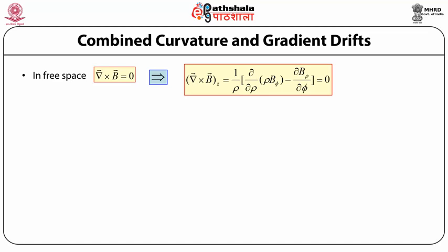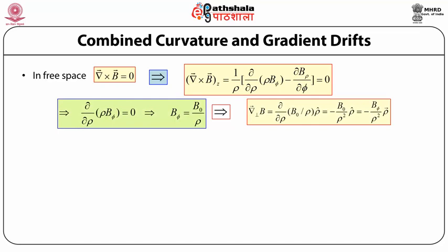So from the z component of this equation we get 1 divided by rho into del by del rho of (rho B phi) minus del B rho divided by del phi equals 0. This implies del by del rho of (rho B phi) equals 0, which implies that B phi equals B naught by rho, where B naught is some constant.